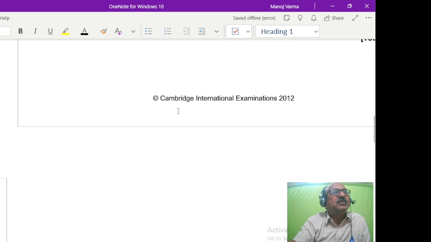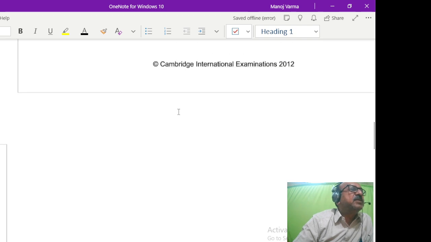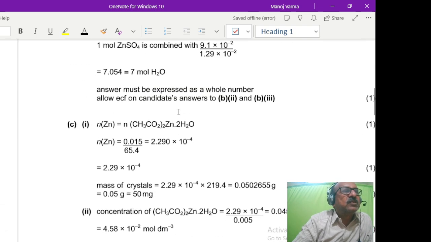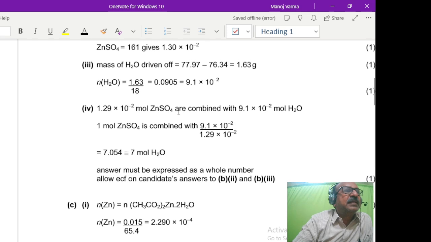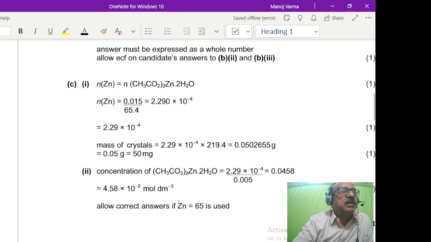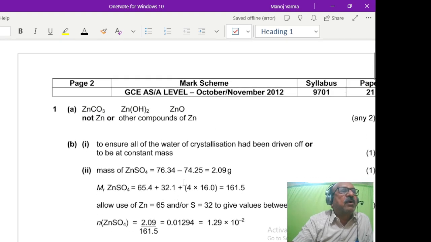So I think you understood the practical application of your knowledge of chemistry, how it can be used for medical purposes, so that the doctors can decide what concentration of zinc ethanoate should be prepared. It should be prepared of this concentration, so that if you take 1 spoon of it, 5 centimeter cube of it, it will be sufficient to get the daily requirement of 15 milligram of zinc.